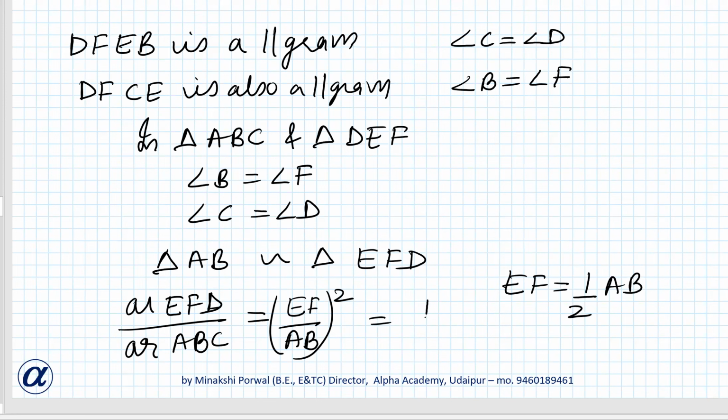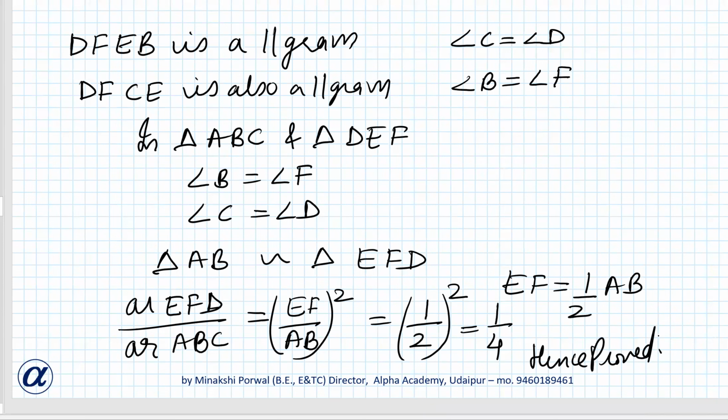Okay, so it will be 1/2. EF upon AB is 1/2, squared, that is equal to 1/4. So the ratio will be 1/4. Okay, so hence this is the answer.